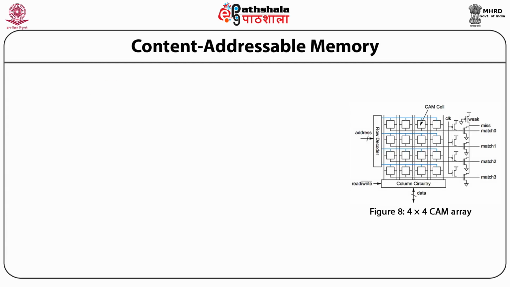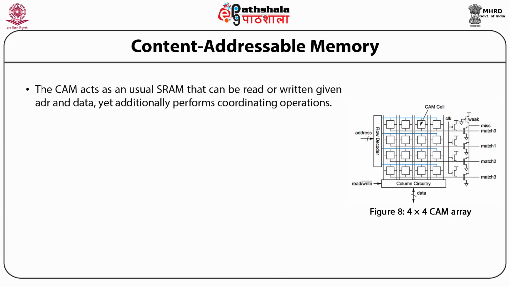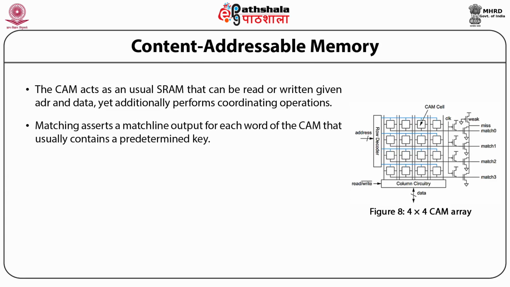Let us now discuss another kind of memory, which is content addressable memory, CAM. It acts as a usual SRAM that can be read or written given the address and the data, but additionally performs matching operations. Matching asserts a match line output for each word of the CAM that contains a predetermined key.